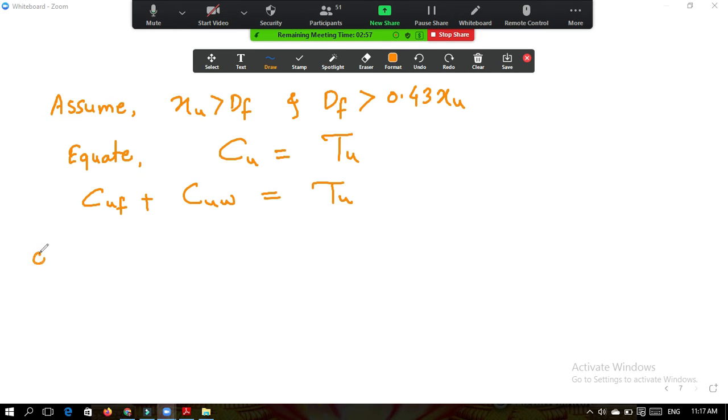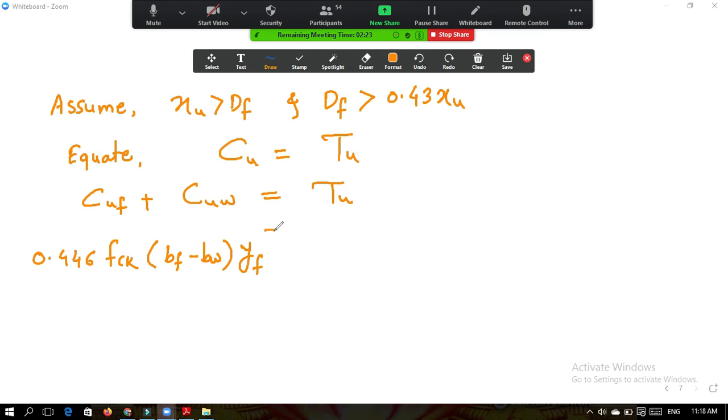So CUF is 0.446 FCK, BF minus BW, into, now here we are in the third case, so instead of DF, YF will be there. You go to the formula of the second case, and if you replace DF by YF, then you will get the formula for the third case.